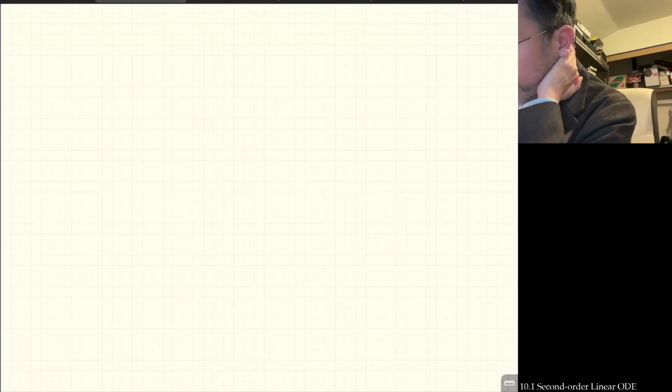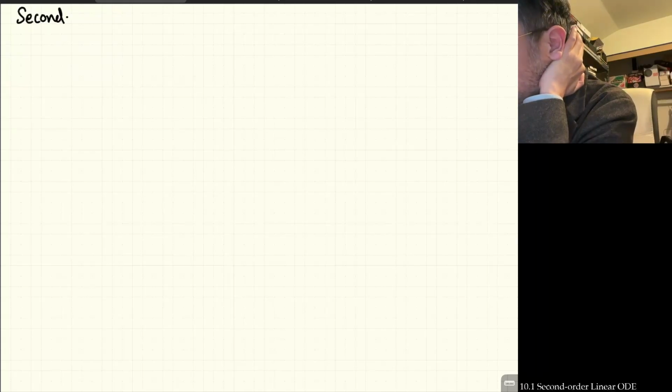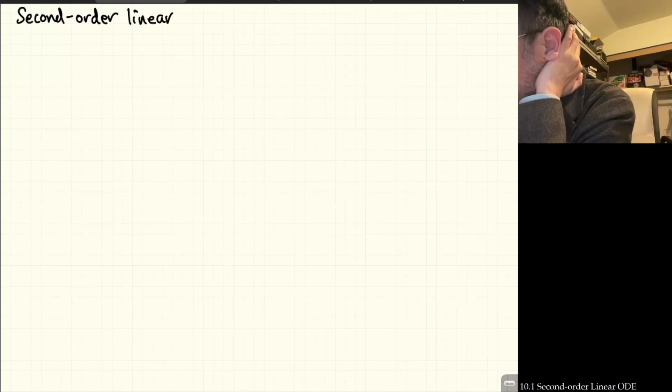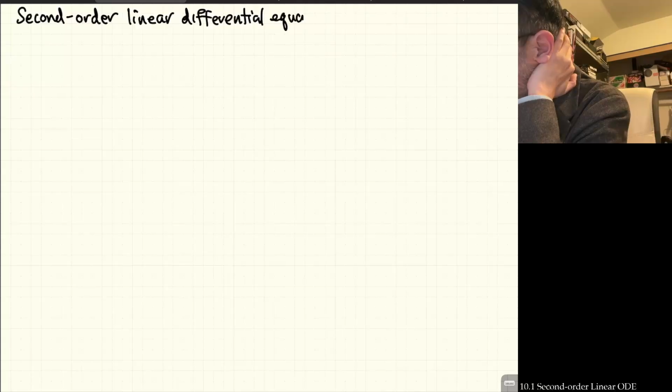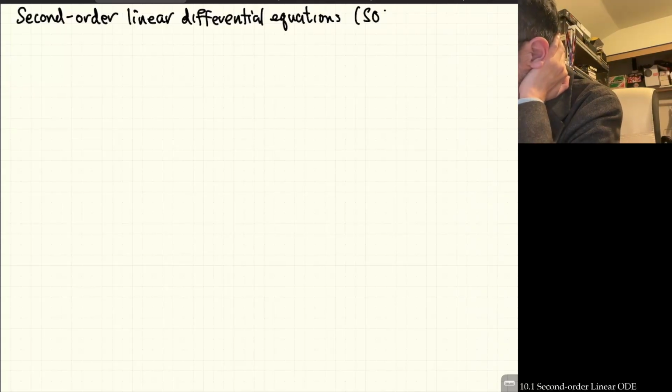Let's think about, like I said, second order linear differential equations, which is a lot of letters in a row to write, and I don't want to keep writing them, so I'll abbreviate this SOLDE.